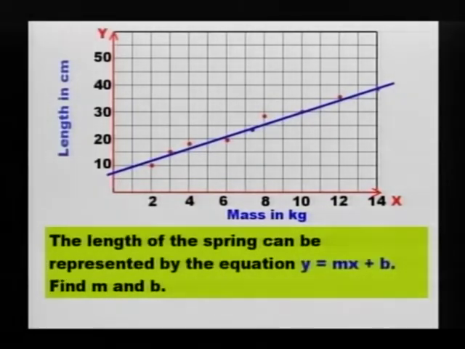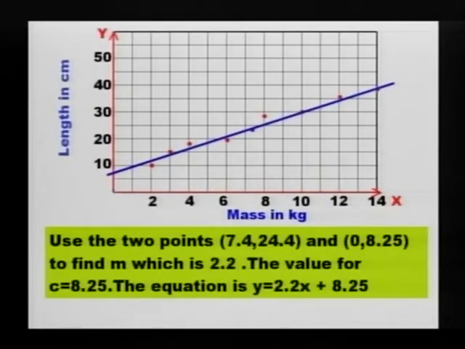Okay, then in this particular example, we had to find the value for m and b, because the length of the spring is in the form y equals mx plus b. All right, we use the average point, which is (7.4, 24.4), and the point where the line cuts the vertical axis, which is (0, 8.25). We use the formula to find the gradient, and it happened to be 2.2.